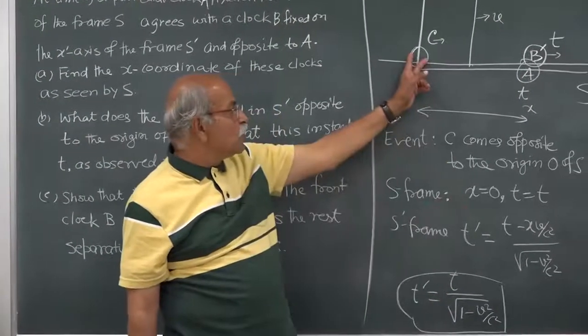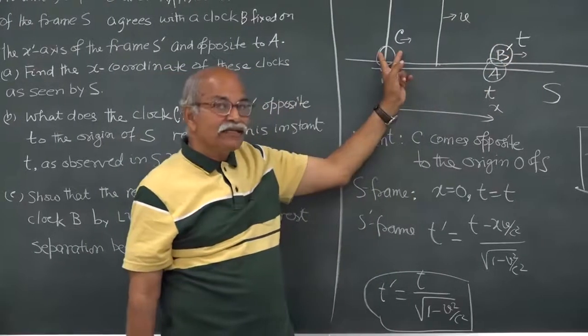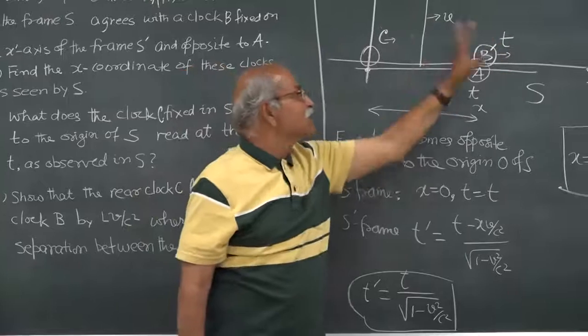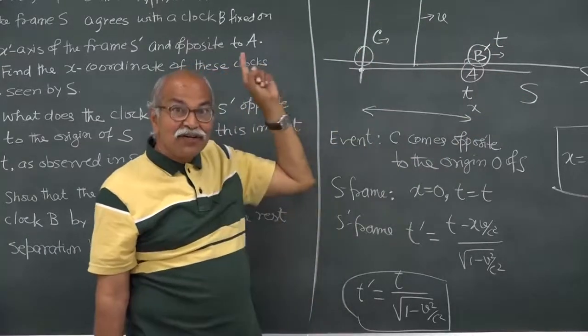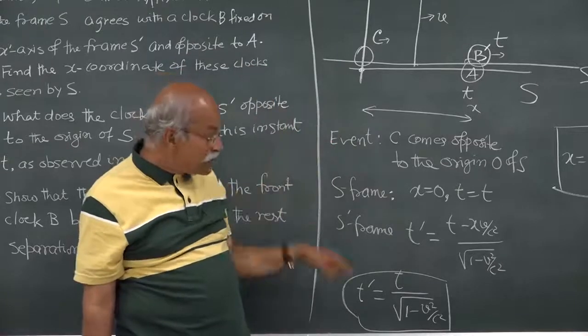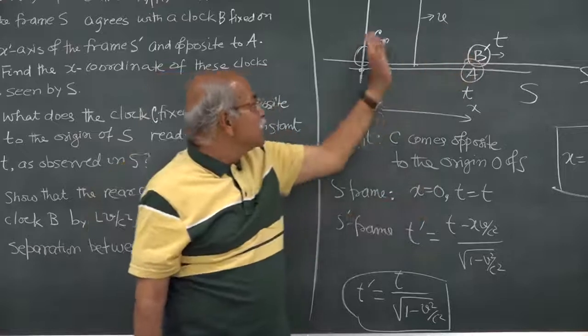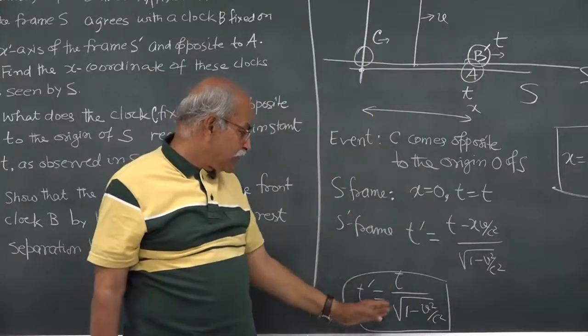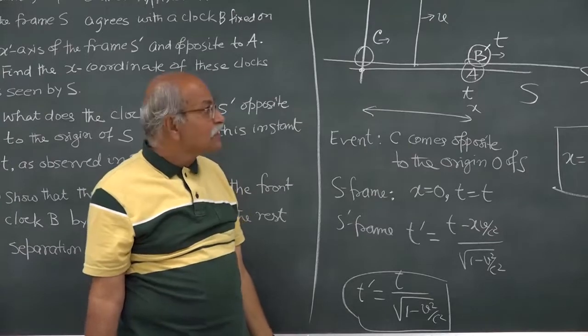So, this reading is more and this reading is less, this is t and this is more than t. So, the rear clock, since everything is moving towards right, this is the rear clock, this is the front clock. Rear clock leads. By how much does it lead? So, you can subtract, this reads t and this reads t divided by this much. So, you can find how much is the difference.